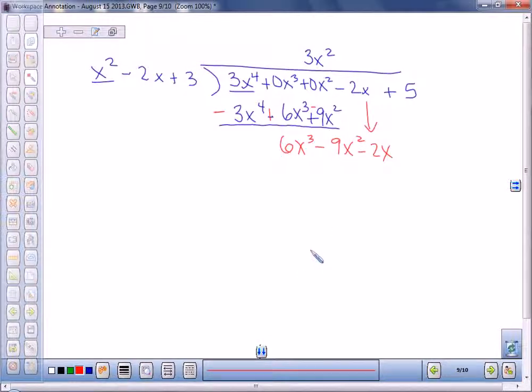All right. X squared goes into 6x cubed. How many times? 6x. Then change the signs. Good.